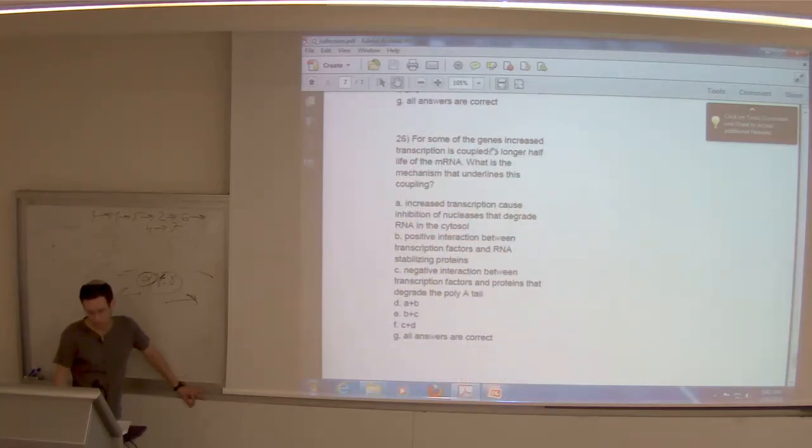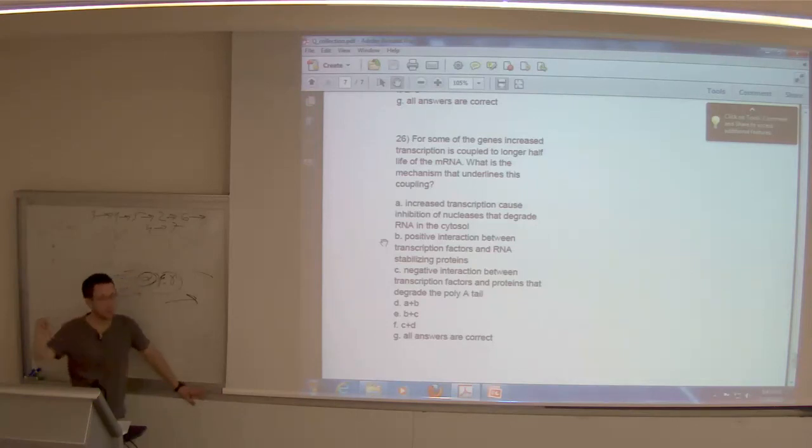For some of the genes, increased transcription is coupled to longer half-life of the messenger RNA. What is the mechanism that underlies this coupling? I think we've only mentioned it verbally, but it's still an important point, and the correct answer is B. You have a positive interaction between transcription factors inside the nucleus and RNA stabilizing proteins, such as the BEBPI proteins that are in the cytosol.